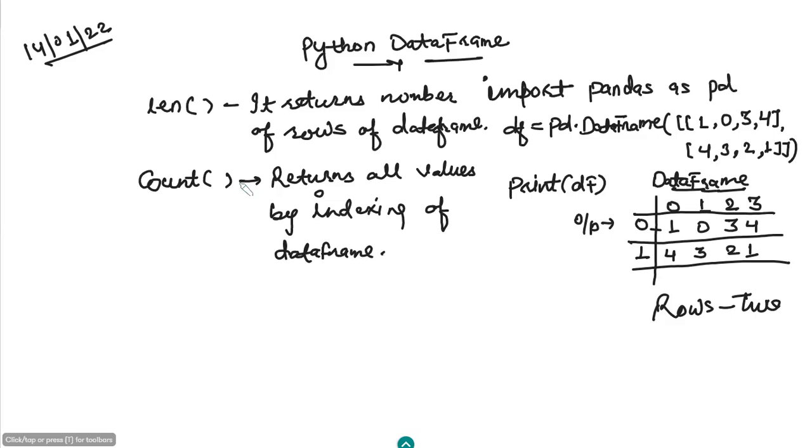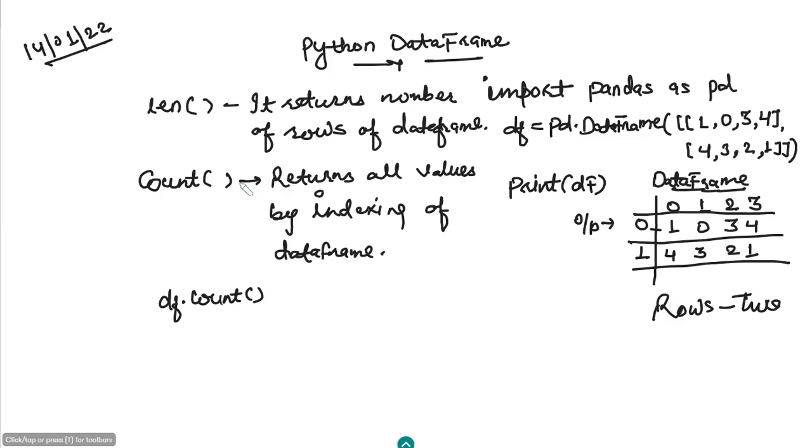Look at this data frame, and according to this data frame, what will be the output? If you are using the count function, the syntax will be df, and now just call the function, that is count. And after this, you will get the output, values by indexing, right?